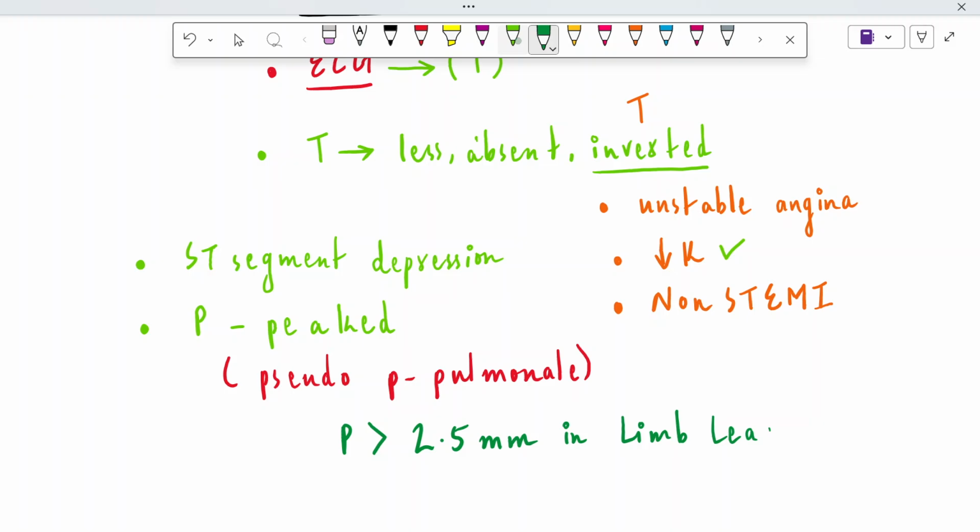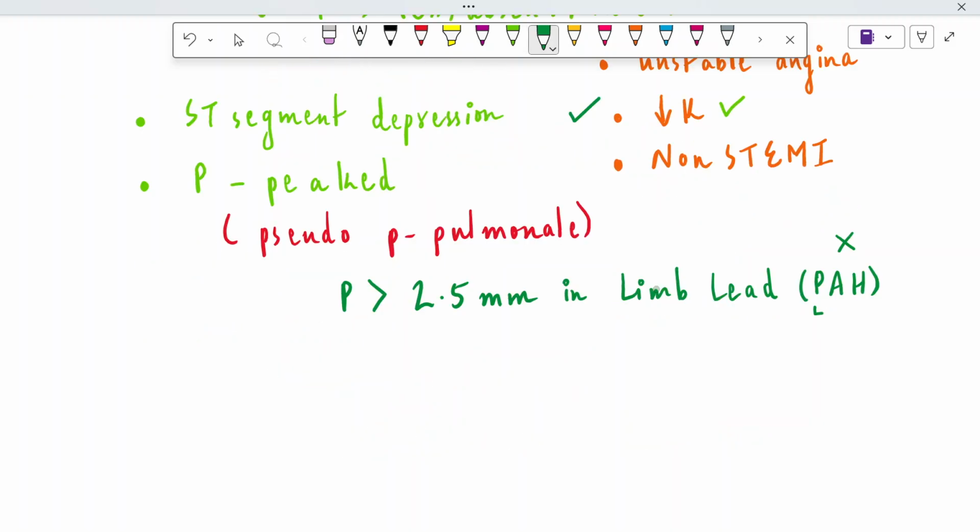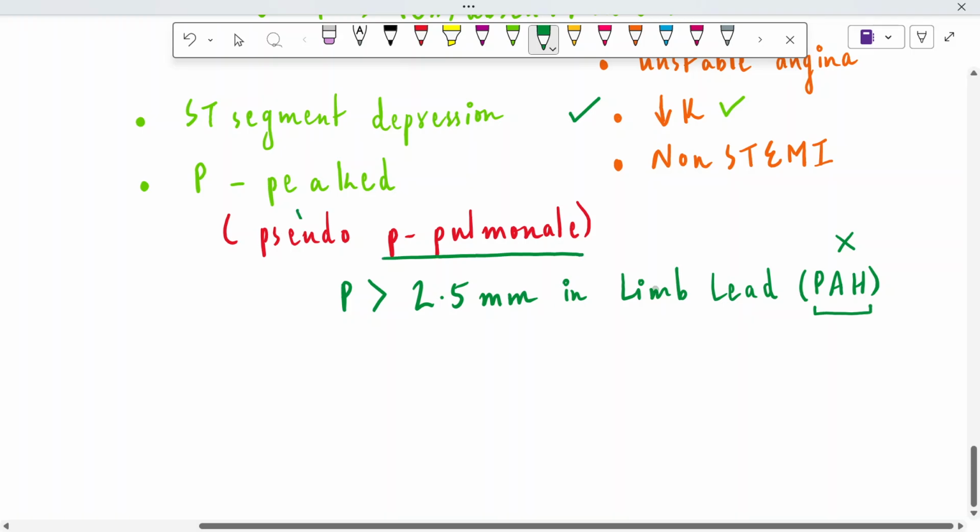Otherwise, peaked P waves can also be a diagnostic criterion for pulmonary artery hypertension, and that is known as P pulmonale. That's why we are saying it's pseudo P pulmonale. Although the P wave is peaked, it's not due to pulmonary artery hypertension.